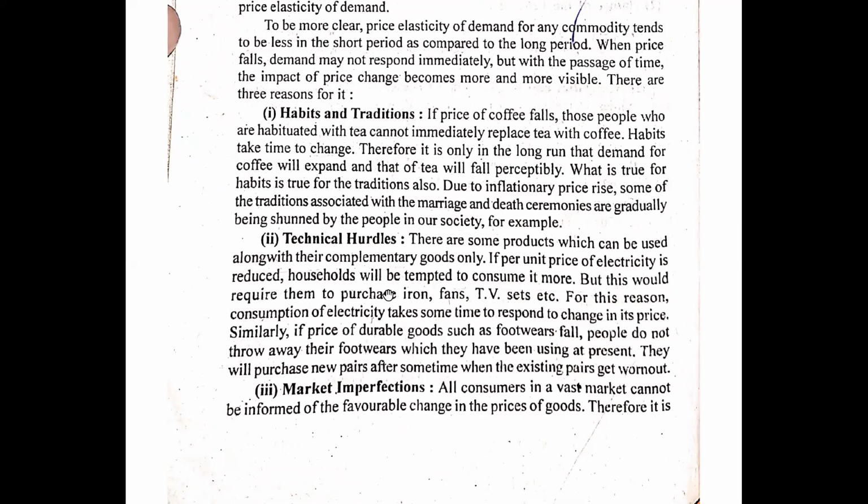So, guys, this point says that there are some products which need some complementary goods to use. Suppose the price of electricity falls. People will be ready to use more electricity because now the price of electricity has fallen.